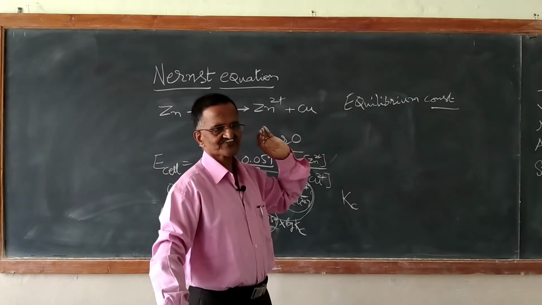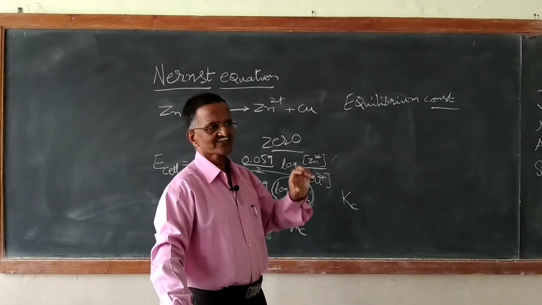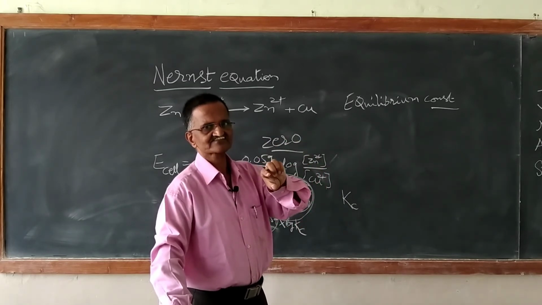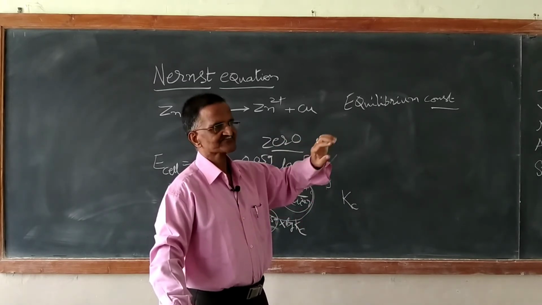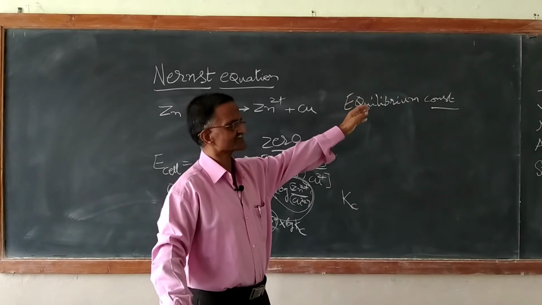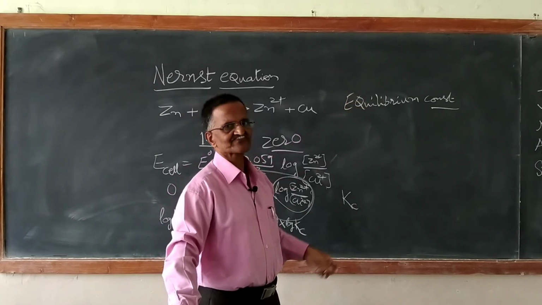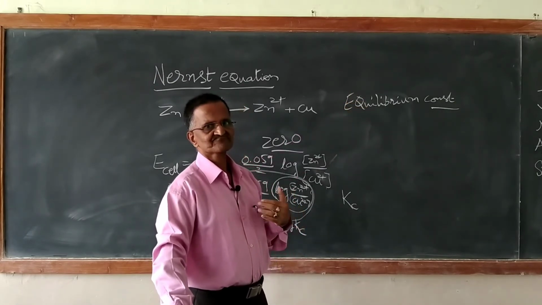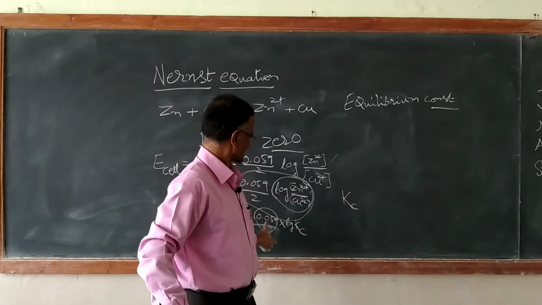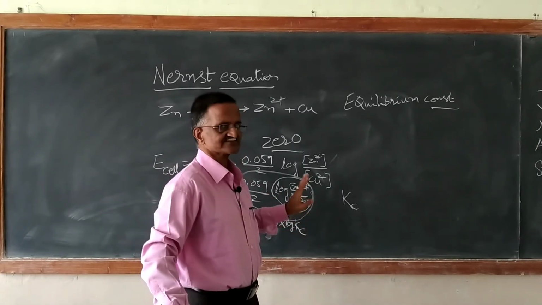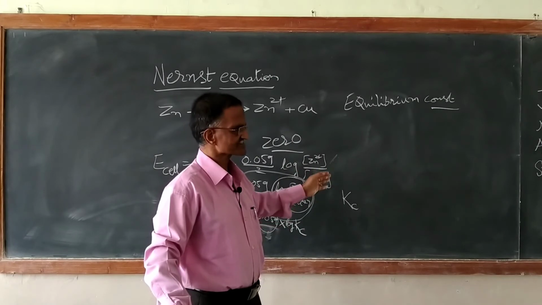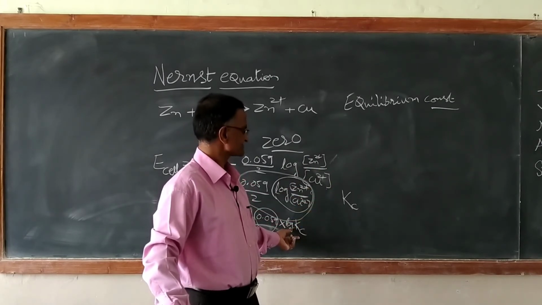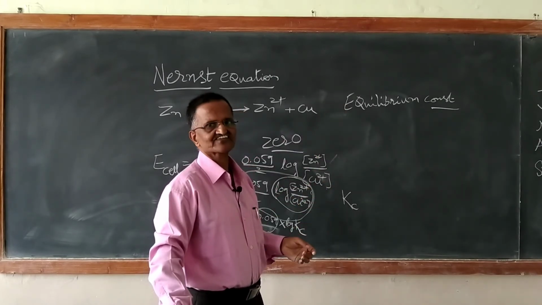Last year, what did we do to know the equilibrium constant? We determined the concentrations. Then afterwards we put them in the expression for the equilibrium constant and calculated it. Now, very simple. Whatever that value is going to be log Kc. You know the system, you will come to know log Kc. Find out the equilibrium constant.